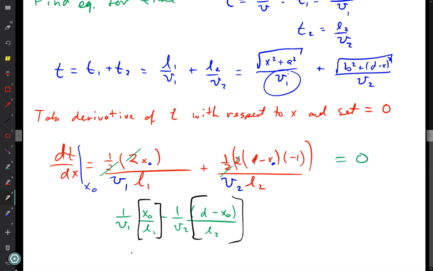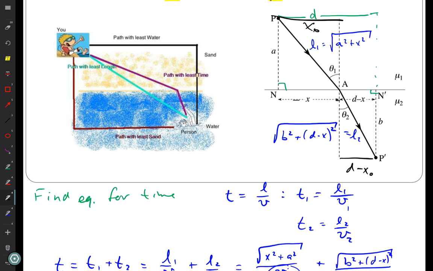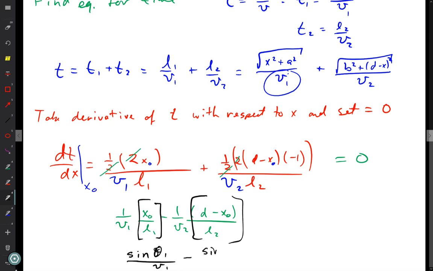So this becomes sine of theta 1 over V1 minus d minus x0. D minus x0 is this distance right here. So d minus x0 over L2 is sine of theta 2. Now, am I at Snell's Law?